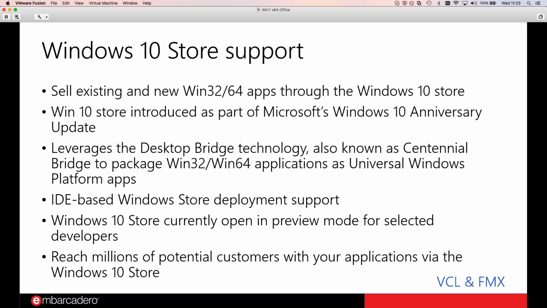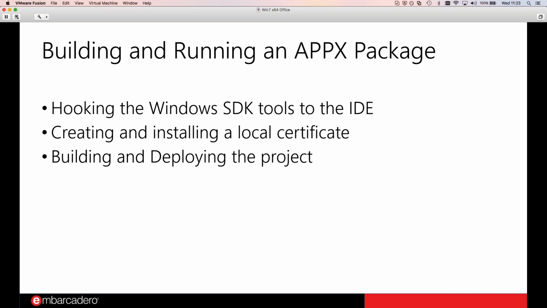So directly from inside of the IDE, we can build and run APPX package. So APPX is a format that is accepted by the Windows 10 Store. So if you want to develop for Windows 10 Store, as part of your installation, you need to make sure you install Windows 10 SDK.